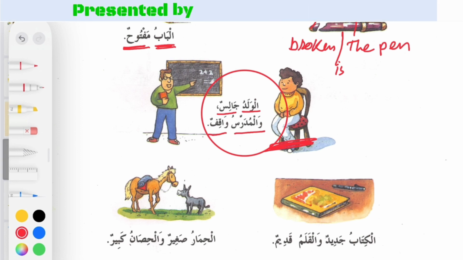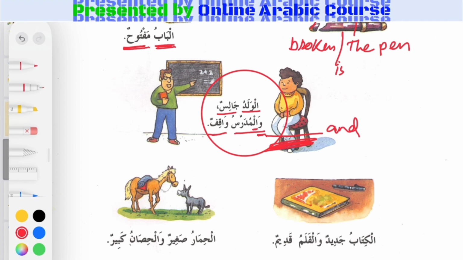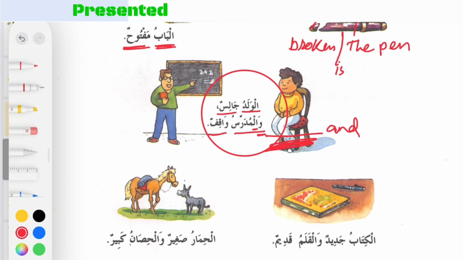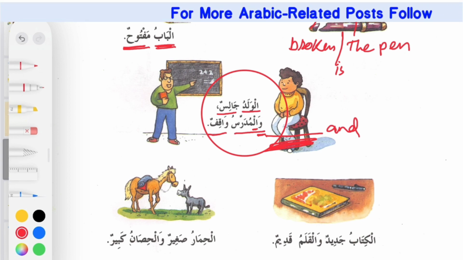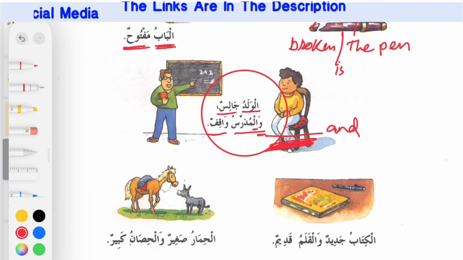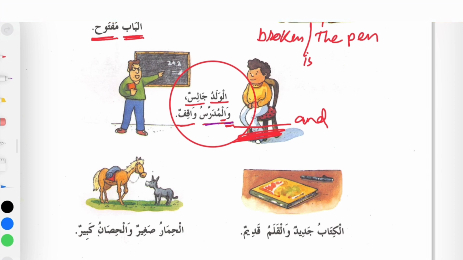Wal-mudarrisu waqifun. Look, waw means and. Wal-mudarrisu. Look, there is al. Wa al-mudarrisu. But when we combine waw or any other word with the next word which has al, we omit alif. I mean, we don't read alif if it has no hamza. Listen carefully once again. There is wa and then al-mudarrisu.